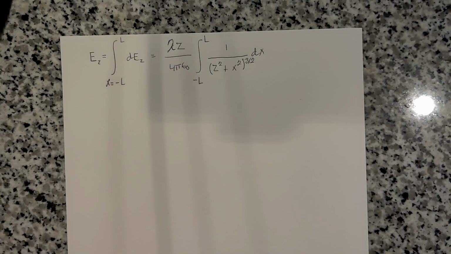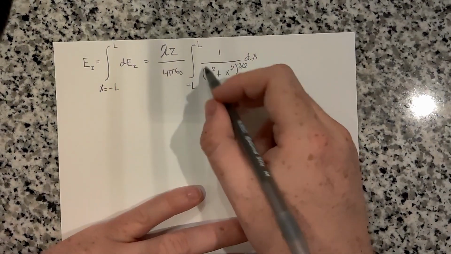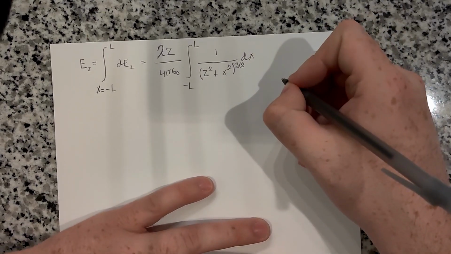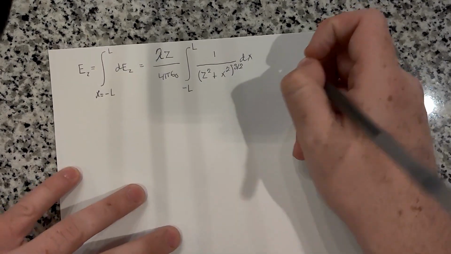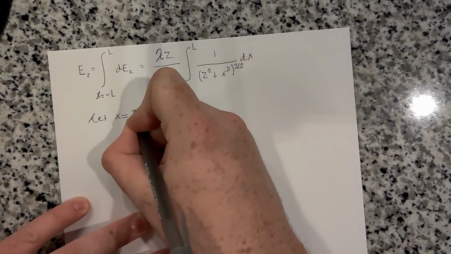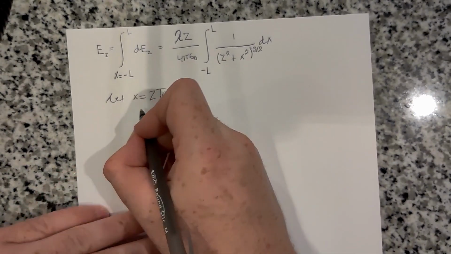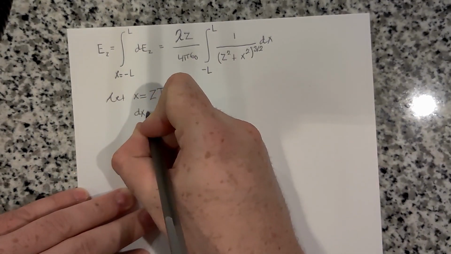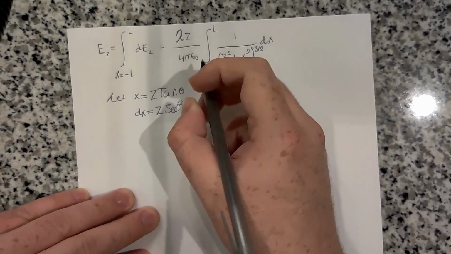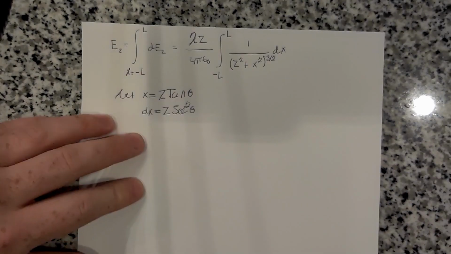And this is an integral that we did in the last problem, actually. I'm pretty sure this exact integral here. So we can solve this by using trig substitution. So we let x be z tangent of theta, and that will give us the answer we want. So that means dx with respect to theta is z secant squared of theta, since the derivative of tangent of theta with respect to theta is secant squared.